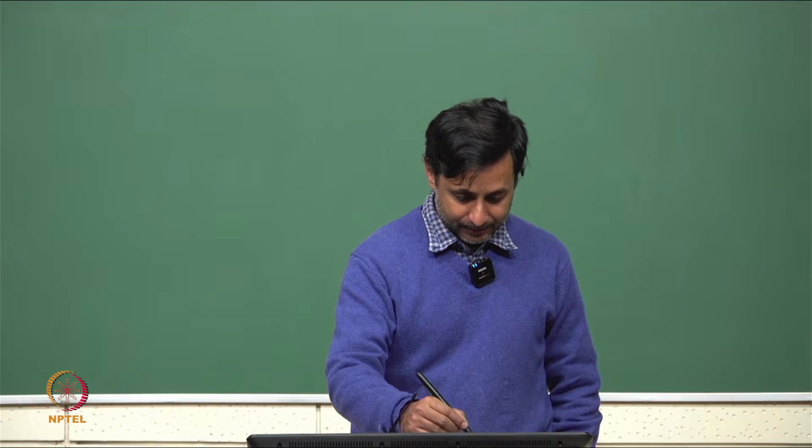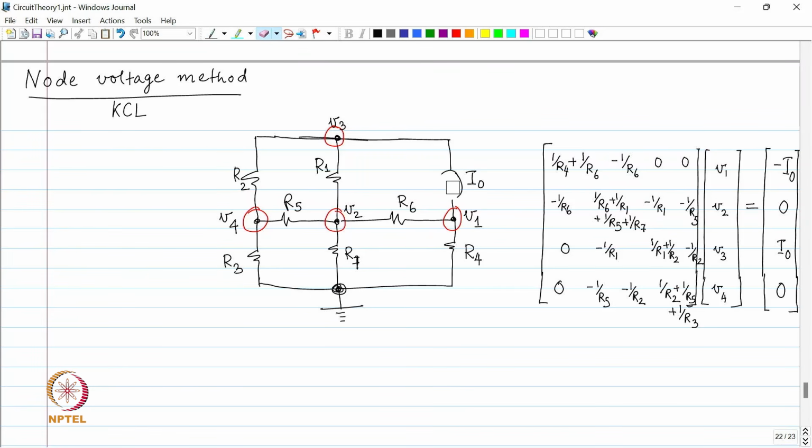All right. What I am now going to do is replace this current source with a voltage source, and that seems a very reasonable thing to do. Just that my node voltage equations are going to become very difficult now. Why?